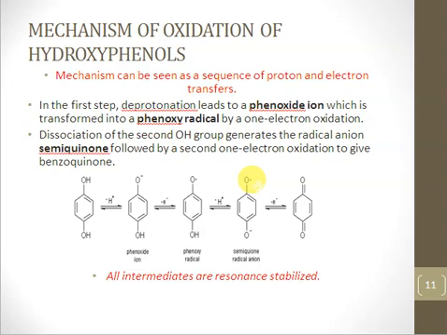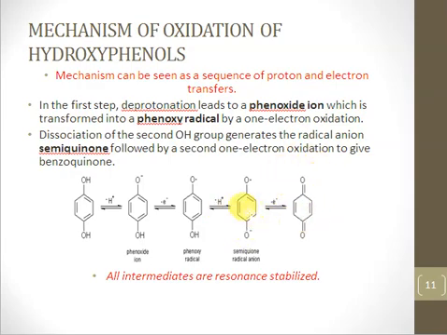Why are we saying it's semiquinone? Because it resembles a quinone, but it's halfway. What's missing is the double bond here, and there should be no radical or anion. If we create a double bond here and a double bond here, and we remove this free radical and the negative charge, that will be a quinone, right?